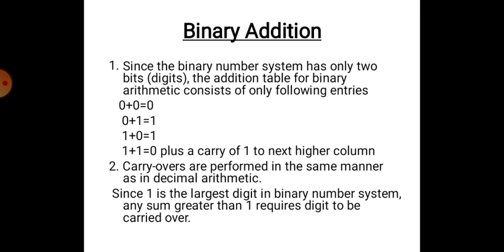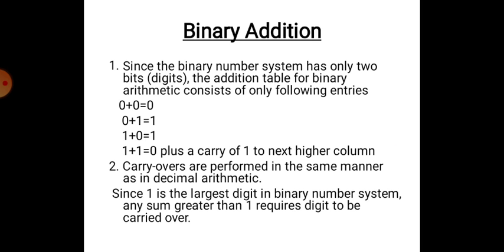So point number 1. Since the binary number system has only two bits, that is digits, the addition table for binary arithmetic consists of only the following entries. That is 0 plus 0 is equal to 0, 0 plus 1 is equal to 1, 1 plus 0 is equal to 1, and 1 plus 1 is equal to 0 plus a carry of 1 to the next higher column.